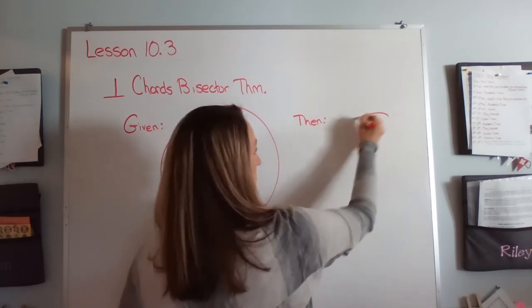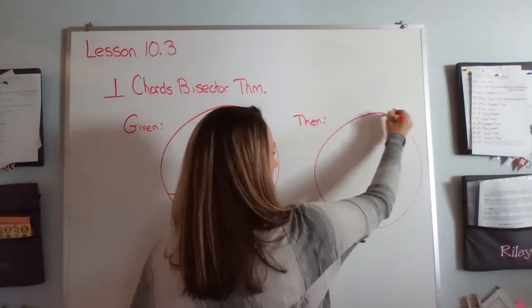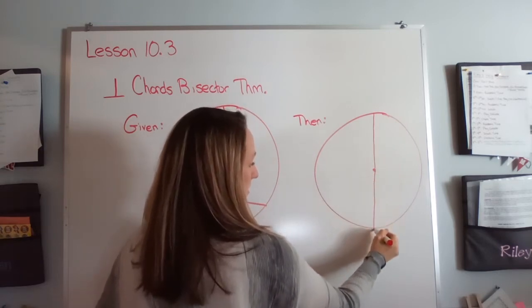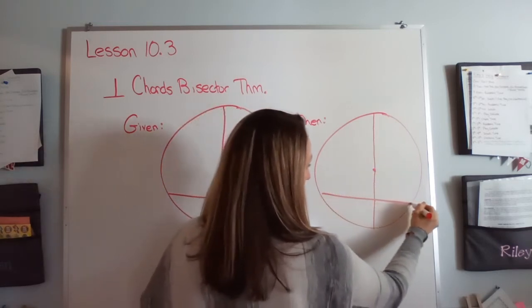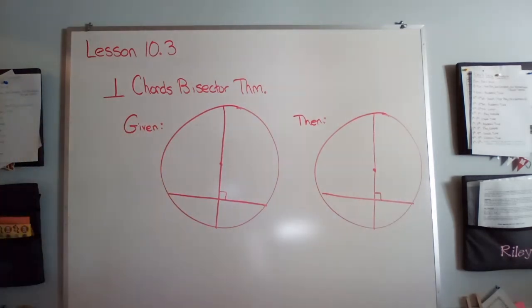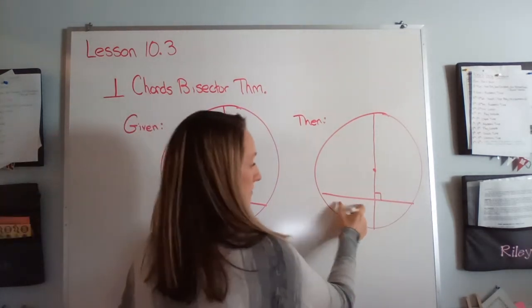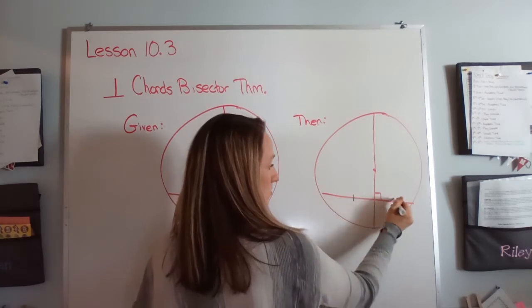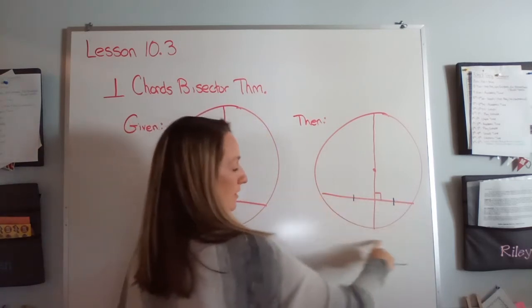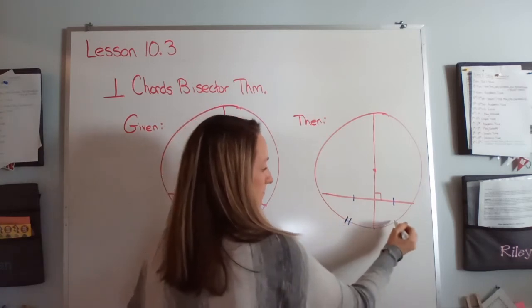I'm going to redraw that diagram. I have my diameter, and it's perpendicular to a chord. What I'm allowed to conclude is that the chord is being bisected, so those 2 segments are congruent, and its minor arc is being bisected.